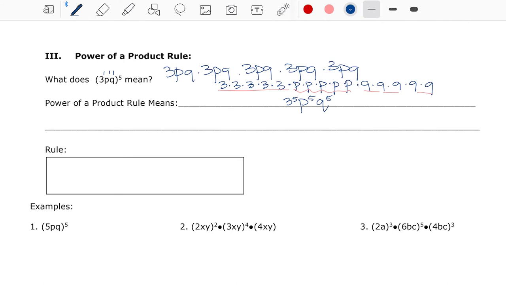Which means even when there's more than one thing in my parentheses, if it's a power raised to a power, it's still going to multiply in. So our rule means powers raised to a power. That means that you multiply the exponents.